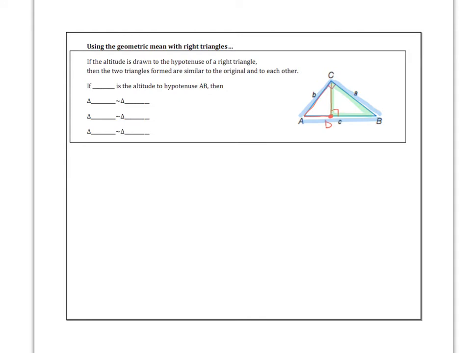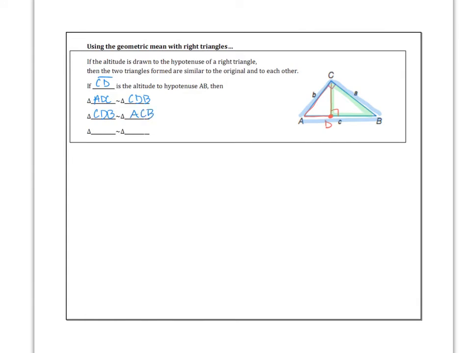So if segment CD is the altitude to the hypotenuse AB, then the little triangle, triangle ADC, is similar to the medium triangle, which would be CDB. And the medium triangle, CDB, is similar to the large triangle, which is ACB.